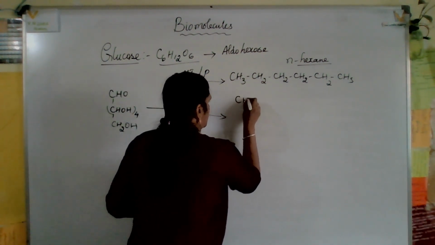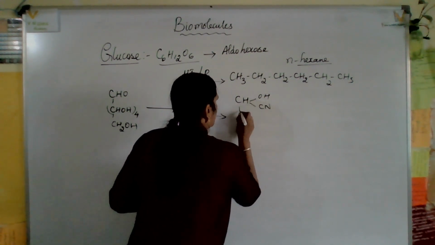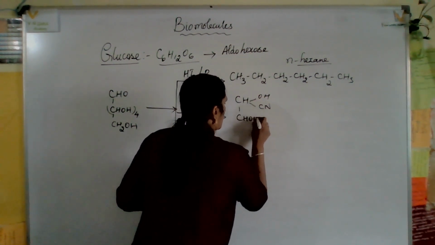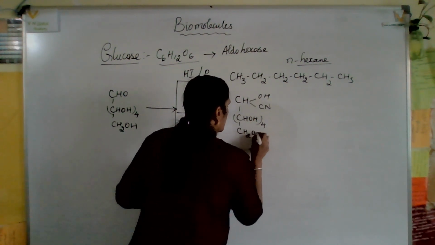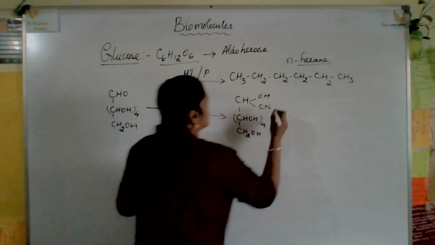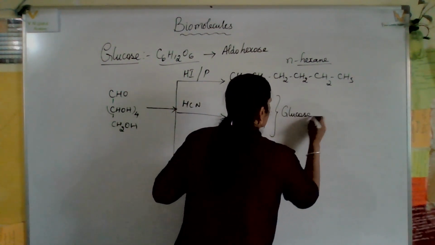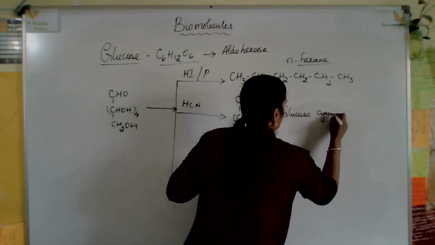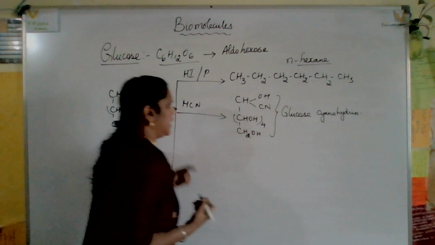That means CH with OH and CN, then CHOH 4 times, CH2OH. So what do we call this? This is glucose cyanohydrin.